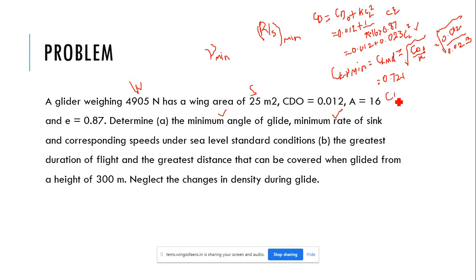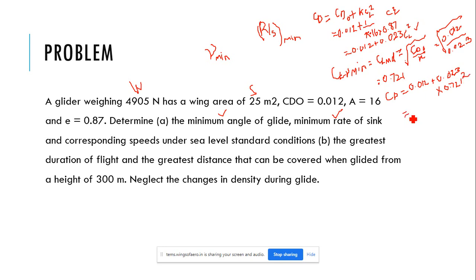So now we can substitute the CL gamma minimum value in this equation. We will get the CD value as CD is equal to 0.012 plus 0.023 into 0.721 square.